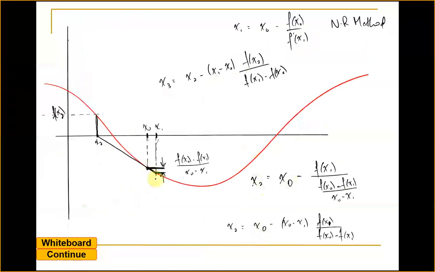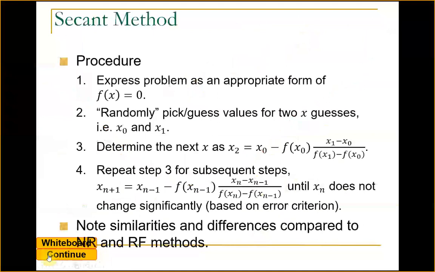So let me put the x naught there, and then you'll see it. So in this case I'd use x1 right here. As I said, both of them will get you to the answer. Let's look again. So here we have x3, in the case where n equals 2, then this is 2 plus 1, x3 equals x1 minus the function of x1. Let's see if that's what I have here.